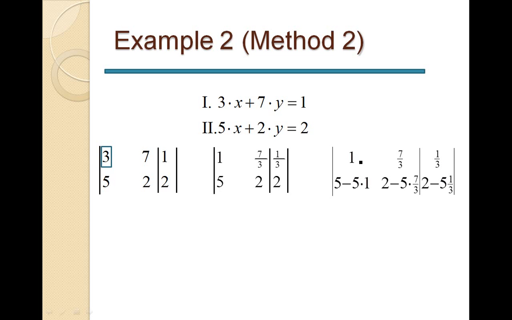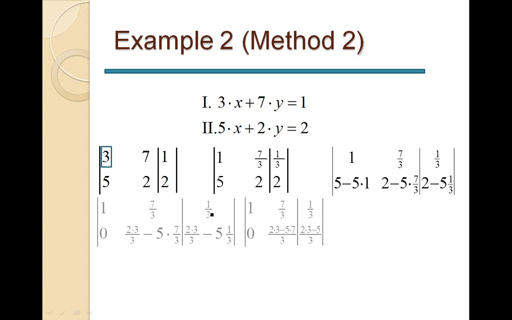We multiply this row times 5 and subtract it below. So we get 5 minus 5 times 1, 2 minus 5 times this value, 2 minus 5 times this value. These coefficients 5, 2, 2 were just taken from here. So we get this equation: 1, 7 over 3, 1 over 3.